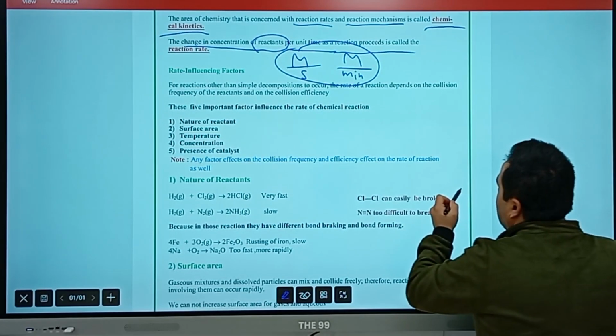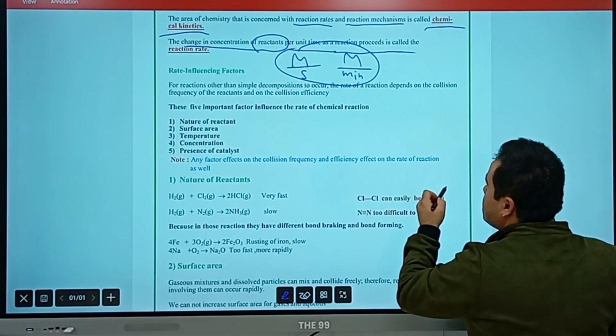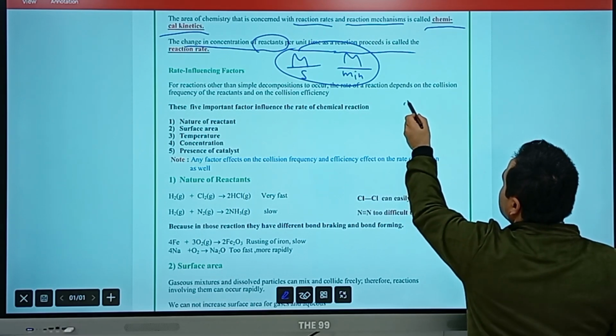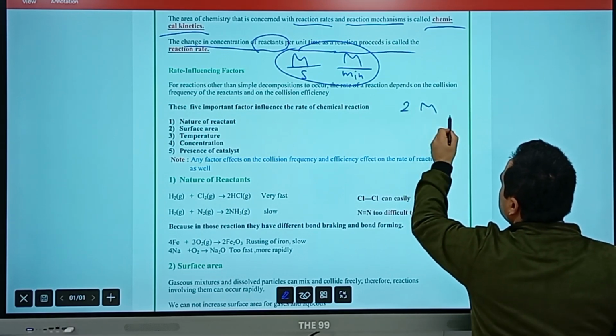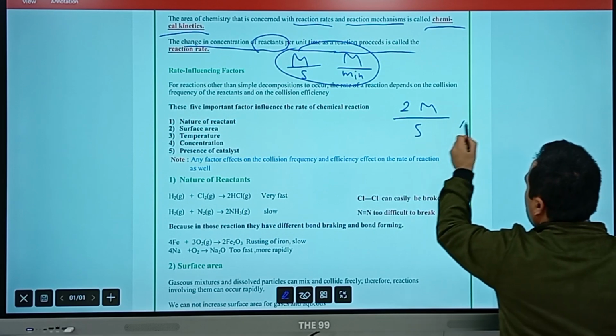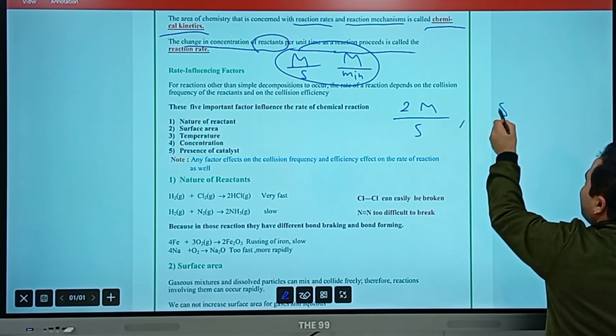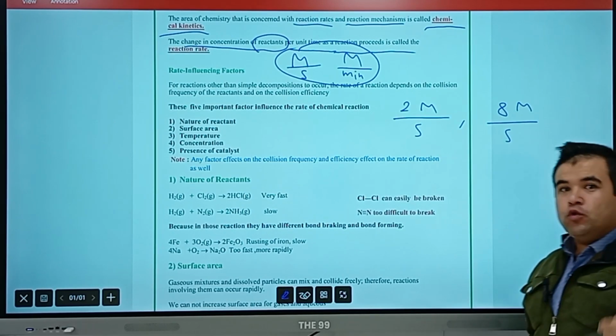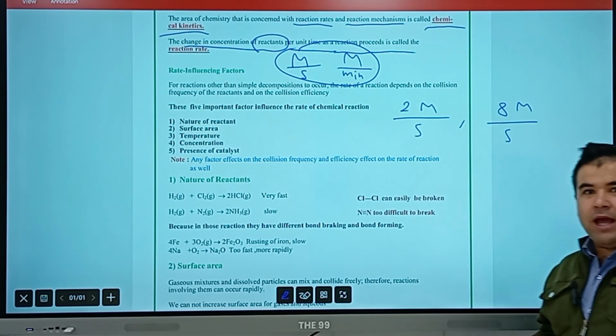Let me provide an example to understand the reaction rate, guys. If a process converts 2 molarity of reactant per second, or a process converts 8 molarity per second, which one should logically be a faster mechanism?